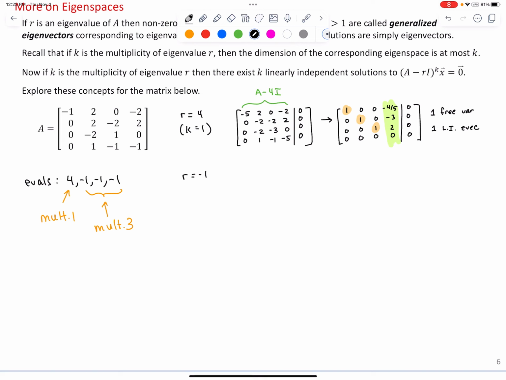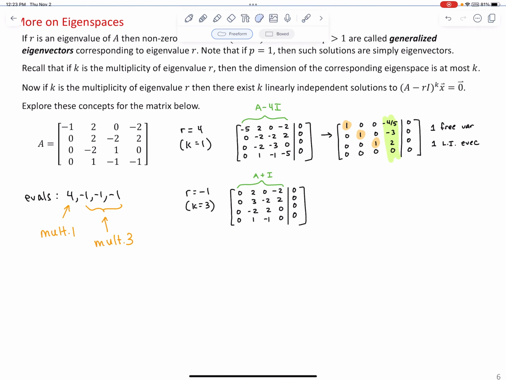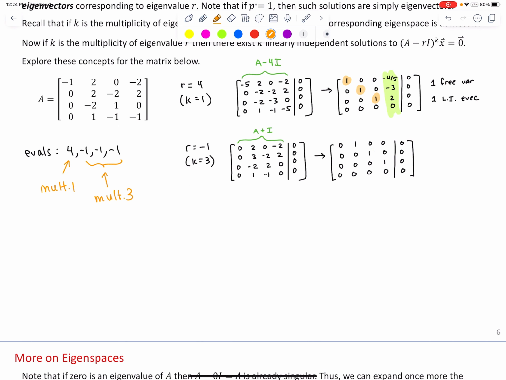For this eigenvalue, the multiplicity is 3, so k will be 3. If I remove this eigenvalue from the main diagonal, in other words calculate A + I, and then set up an augmented matrix, I get the following. Now let's use technology to put this into reduced row echelon form and see how many free variables we get.